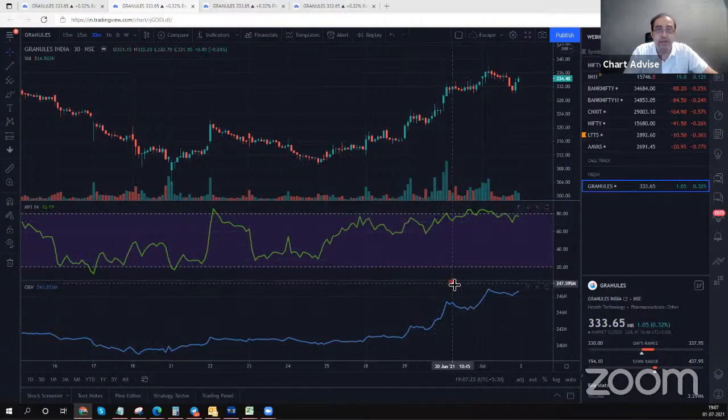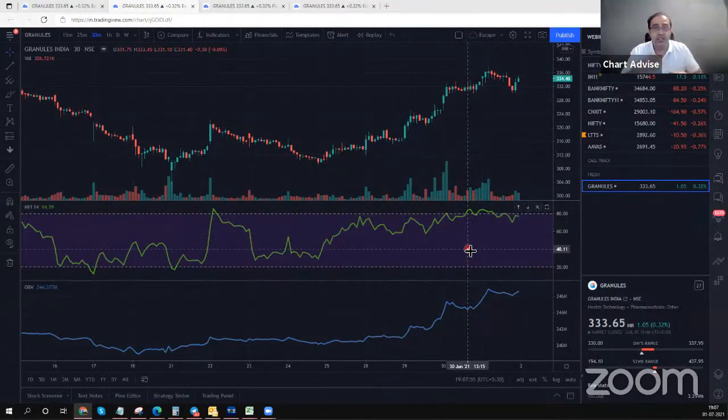So here I have put both of them together. I have put here the money flow index, as well as the on balance volume. While the on balance volume suggests that yes, there is a strong bullish momentum which is developing in this counter, the MFI suggests that probably we are hitting into the overbought territory. And because we are hitting into the overbought territory, you can also begin to look for divergences.